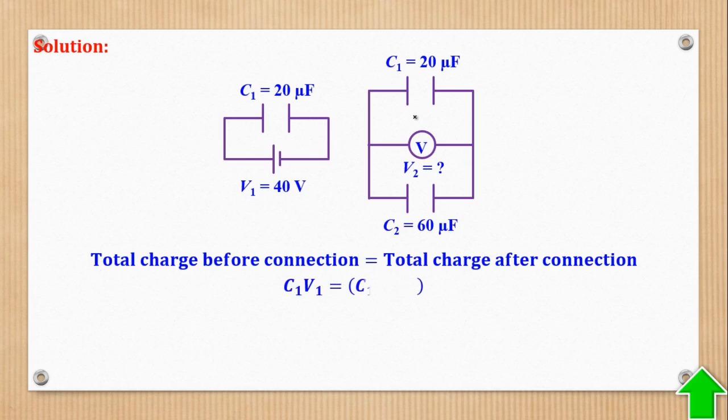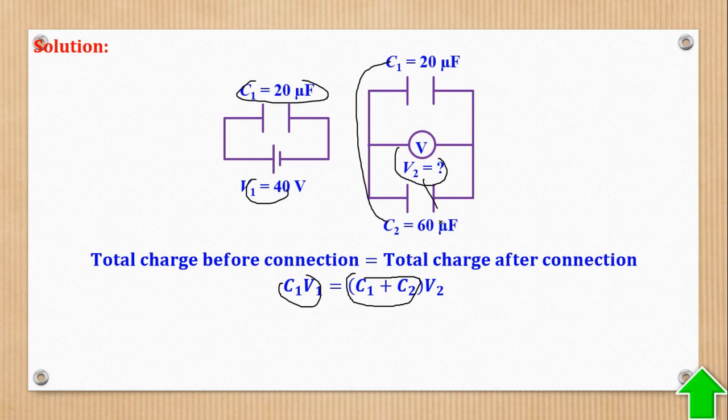So for total charge before connection, we know the capacitance and the PD, so that's why we have here C1 V1. Then here we need to get the total capacitance because they are in parallel. Total capacitance will be got by adding the 2 to give you this. Then the total PD after connection will be this V2, which we don't know yet, and it is here.